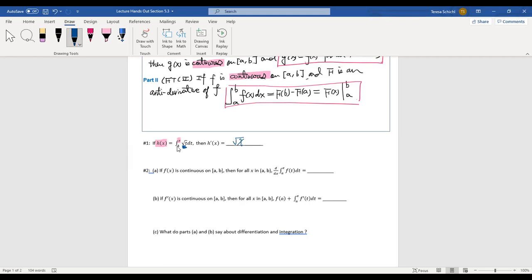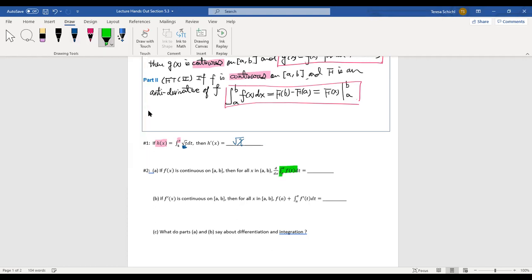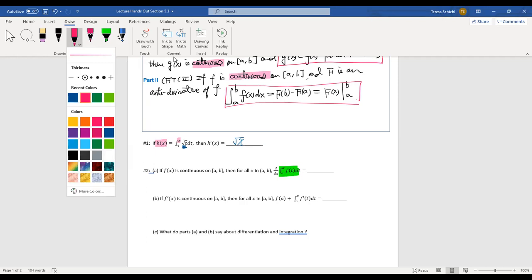Here, if f of x is continuous on [a, b], for all x in [a, b], you integrate this one, and then you take the derivative.